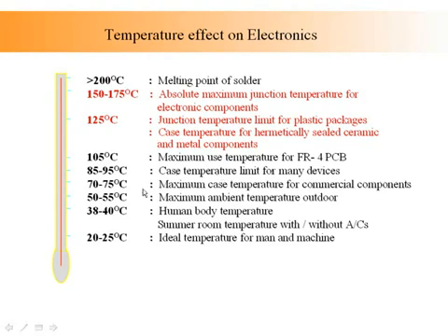The case limit for many devices can be 85 to 95, where it's higher grade devices. The board on which it sits is usually limited to 105 degrees C. And inside the device, the junction that we are talking about, typically for plastic packages and commercial equipment for silicon, we will not exceed 125 degrees C.